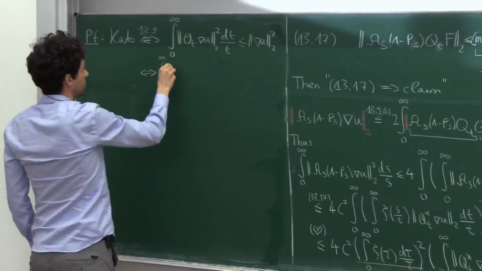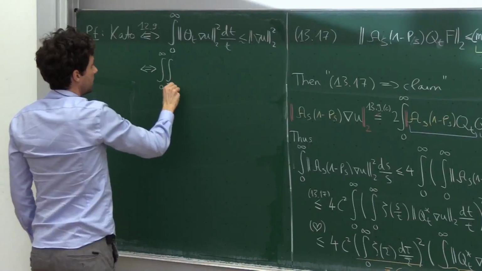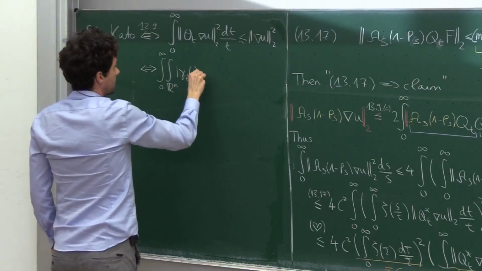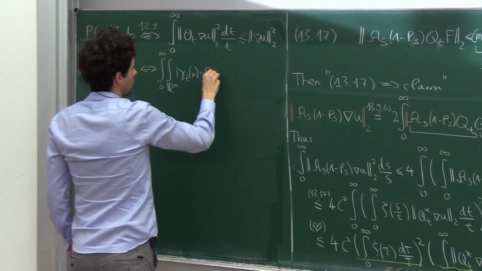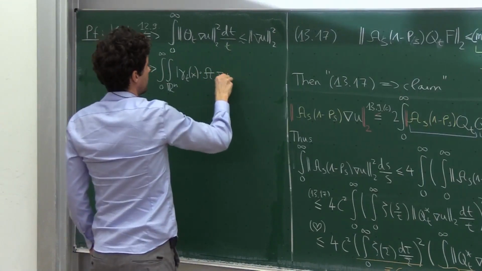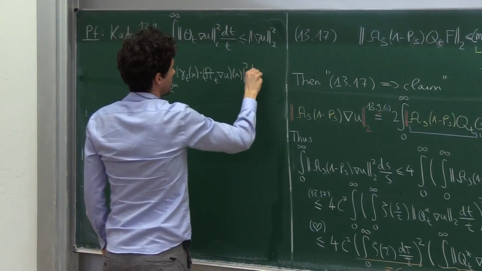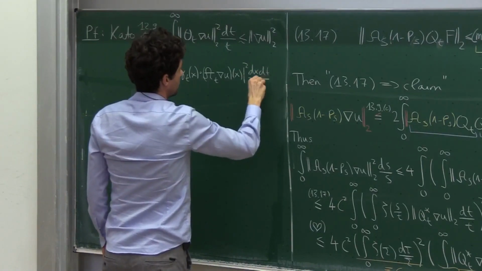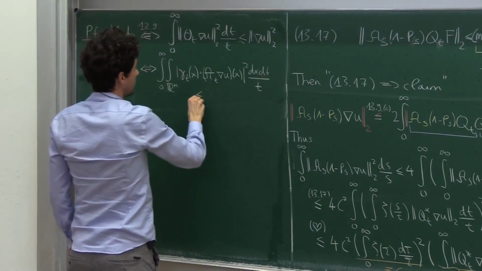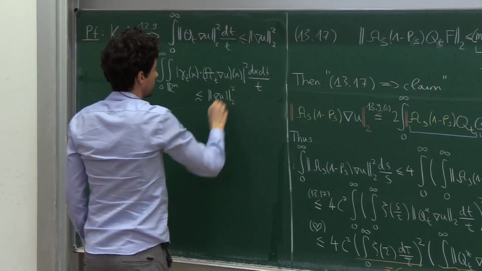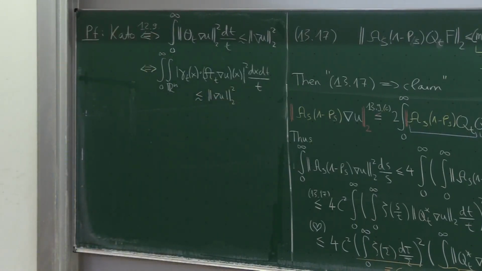Before I write out explicitly the integration on R^n, it's equivalent to saying that the integral of |gamma_t(x) . A_t nabla u(x)|^2 dx dt over t is controlled by the L2 norm squared of the gradient of u.